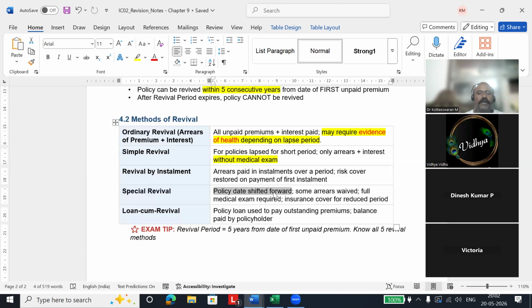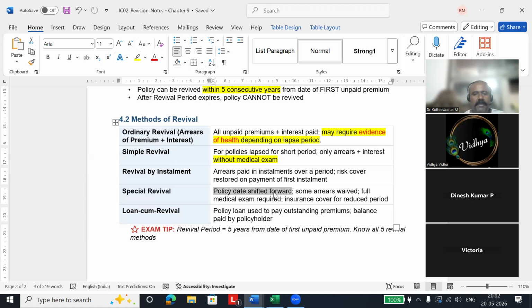I paid till 2024. Now 20 years policy means till 2040 I need to pay. Now I lapse the policy. In 2026 I am asking them to revive it. They are saying, okay, let's start over again.